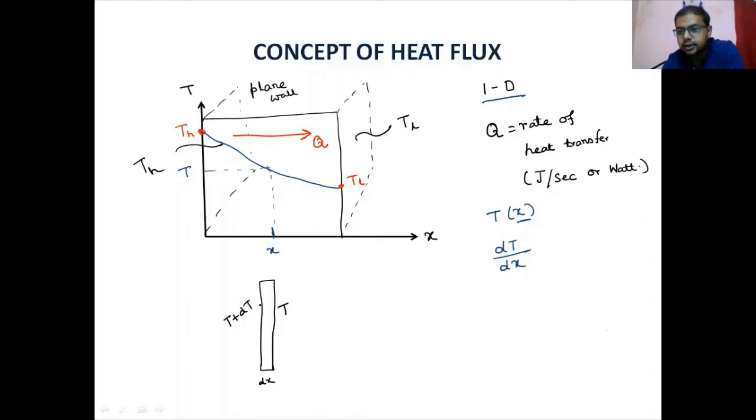The left side is always at higher temperature, so heat flow Q is in this direction, from the higher temperature side to the lower temperature side. Why is this heat transfer taking place? dT/dx is the temperature gradient.